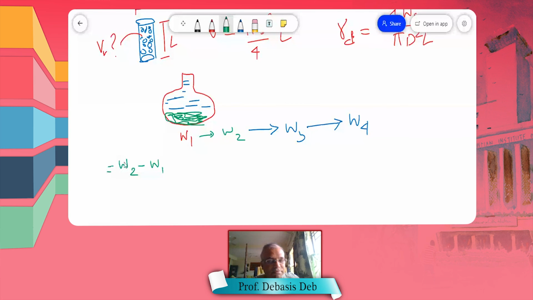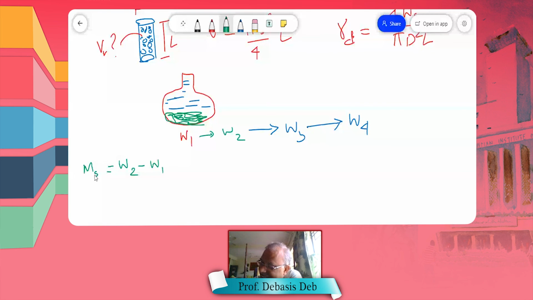This is the mass of grain, or the mass of solid, right? Everybody understand that? Yes or no? Yes, sir.